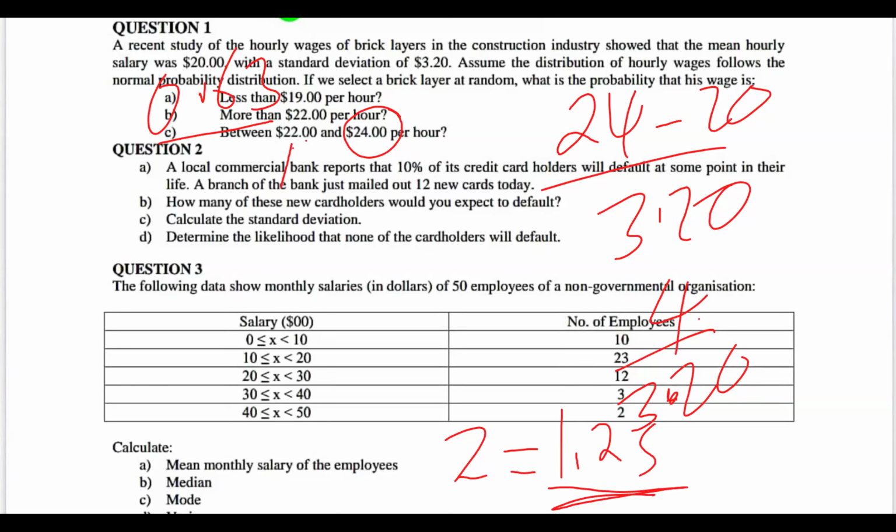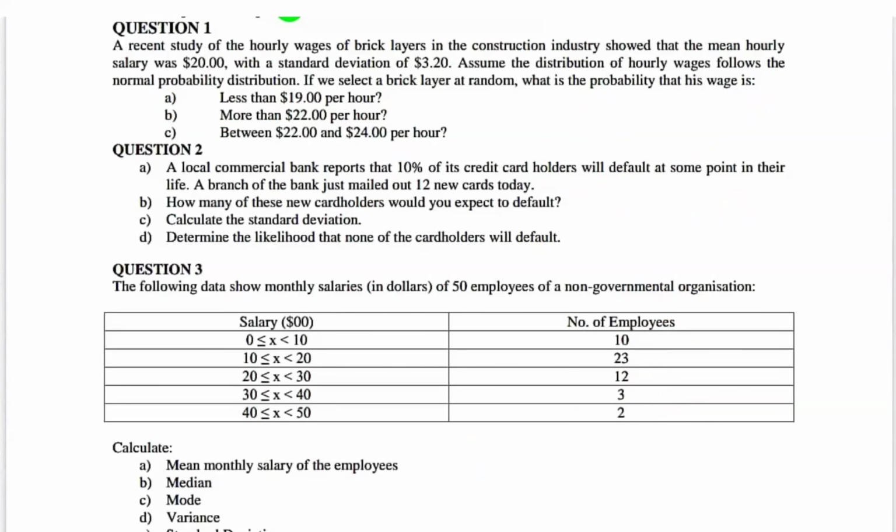Okay. Then from here, let's go now to the table. I think we'll do things quickly when we get to the table, correct? You see how easy these things are.